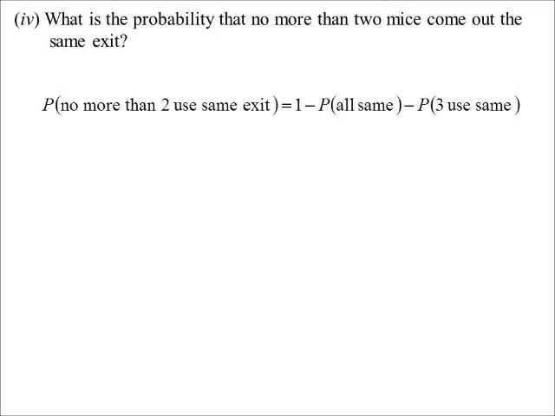So the other possibility is more than 2 go through the same exit. Well, that means 3 go through the same exit, which we've worked out, or 4 go through the same exit, which we've worked out. So all I've got to do for this question is subtract the 2 answers we've already worked out from 1. And that gives us 118 in 125.